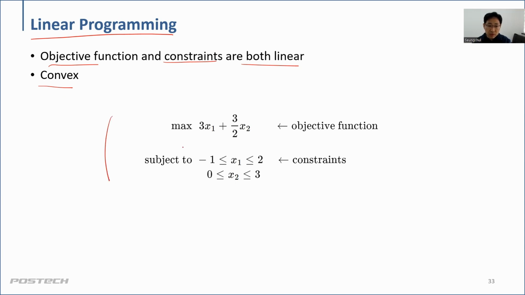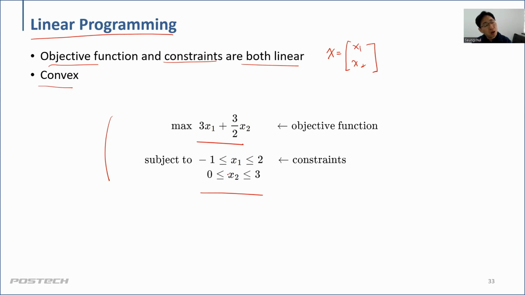One of the examples is like this. As you can see, this is linear, and we have two decision variables, x1 and x2, and the constraints are given as inequalities.